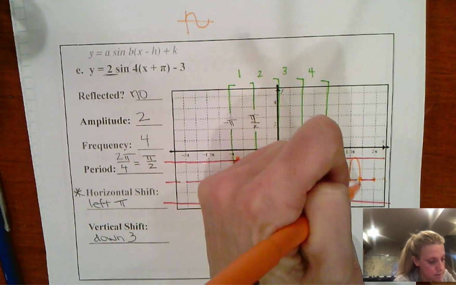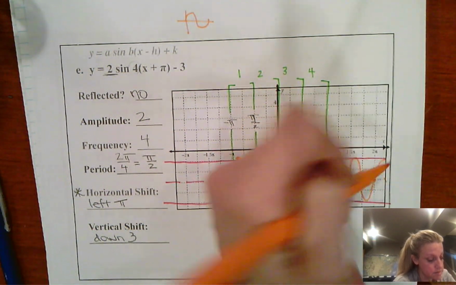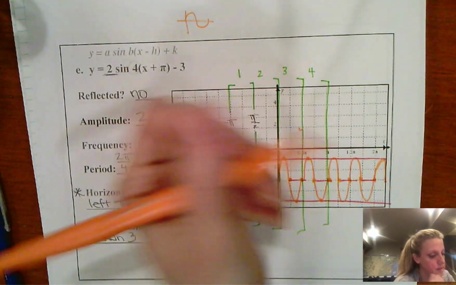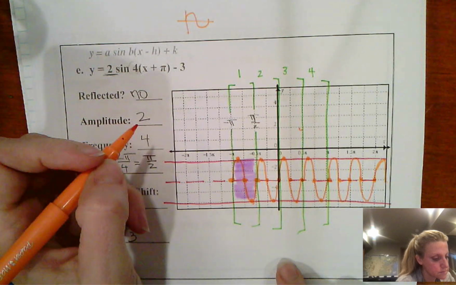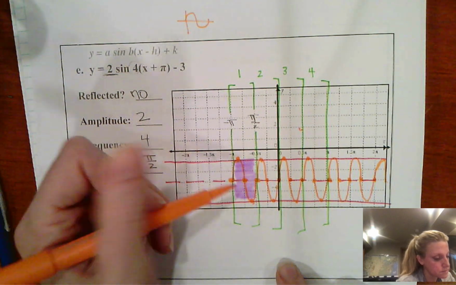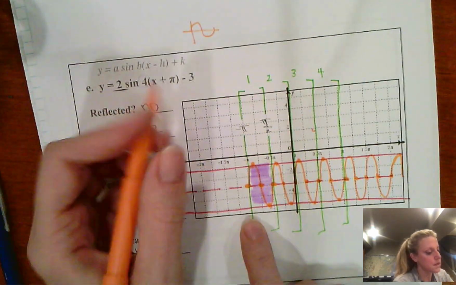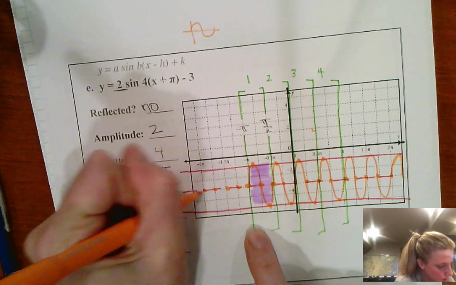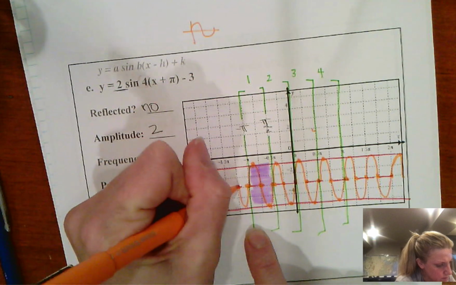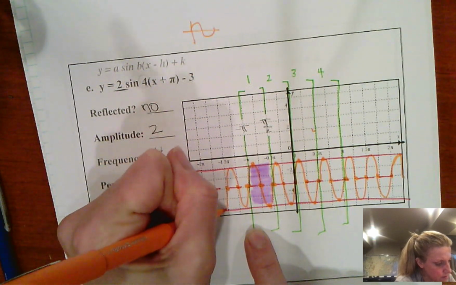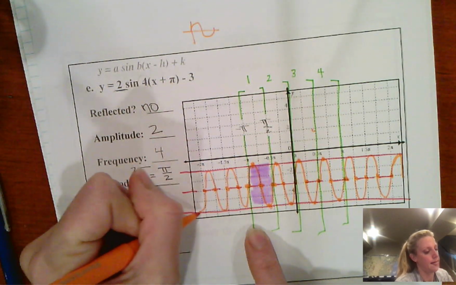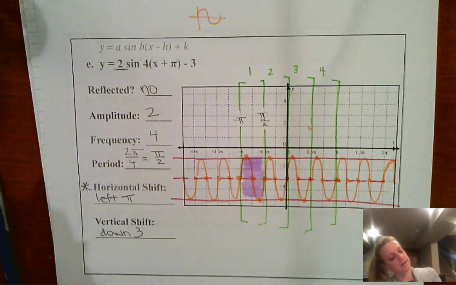Up to the ceiling, down to the floor. Oops, that should be like that. And you could go this way. Down to the floor, up to the ceiling, down to the floor. There you go.